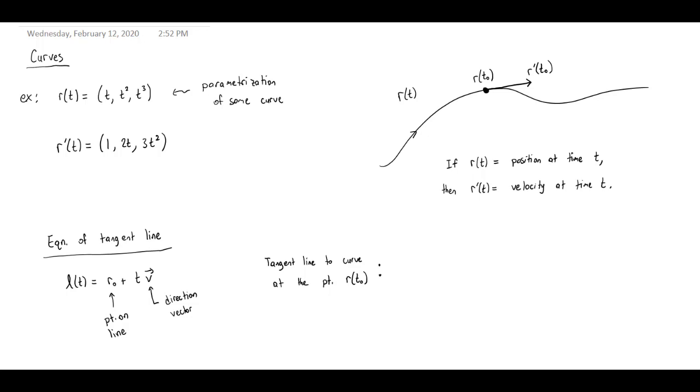Okay, so then for our tangent line, we could write a formula: L of t would be, so the point on the line would be r of t0, and then for our direction vector, we would use the derivative r prime of t0, times t. Okay?